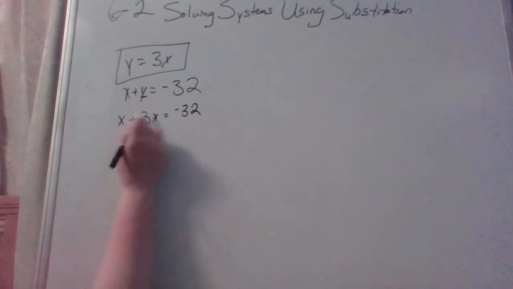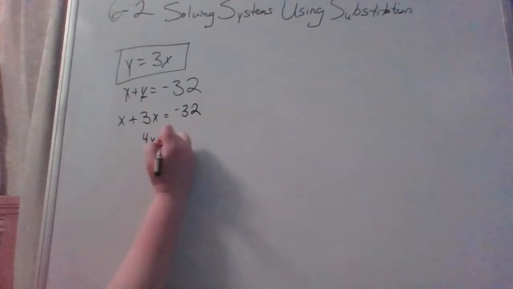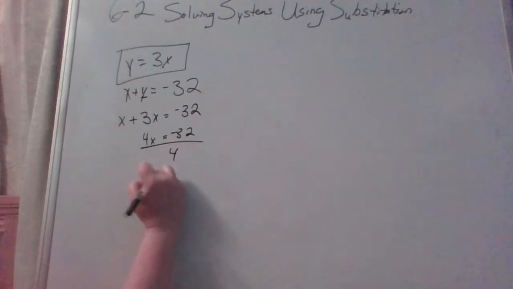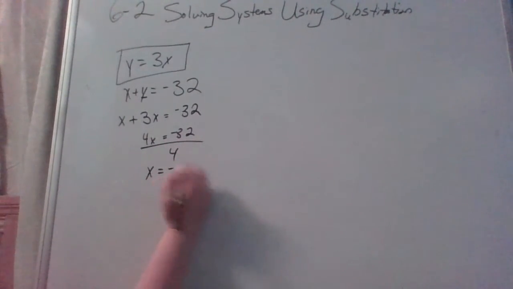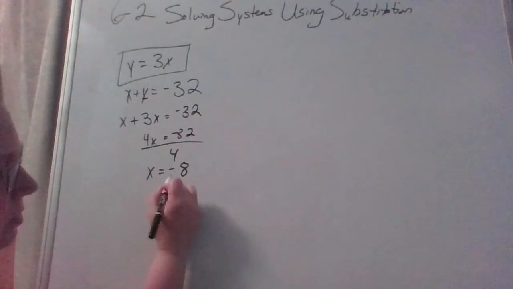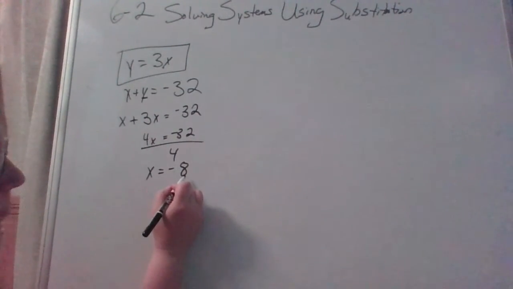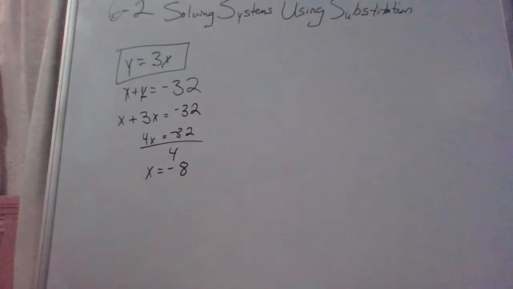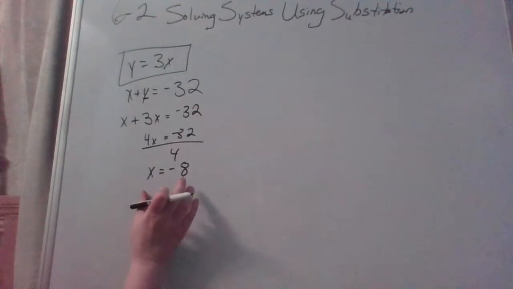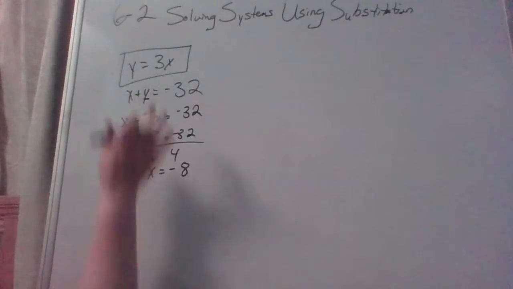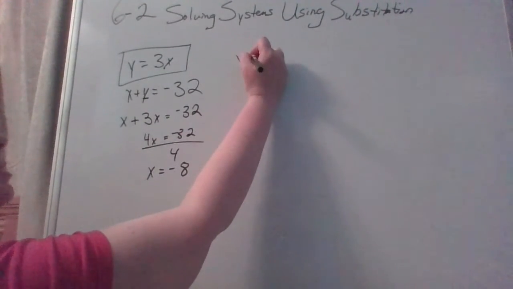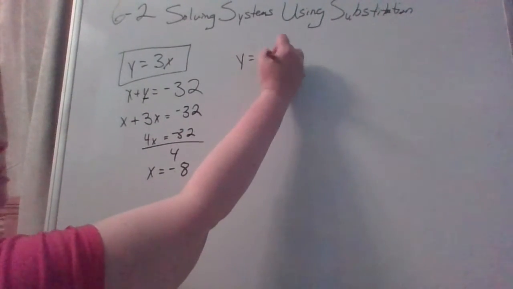Once we have that, we're going to combine our like terms and we get this. And then we're going to simplify and we get that x equals -8. Now we don't yet know what y equals. So we're going to take that -8 that we just figured out and plug that back into this equation here and say y equals 3x.